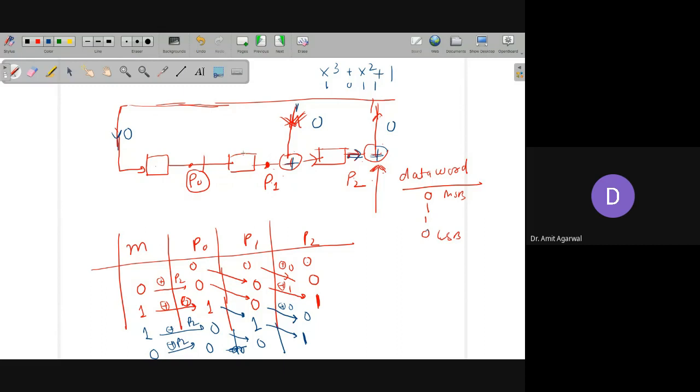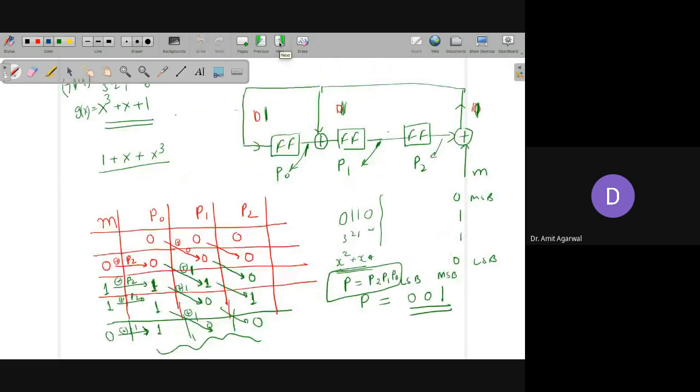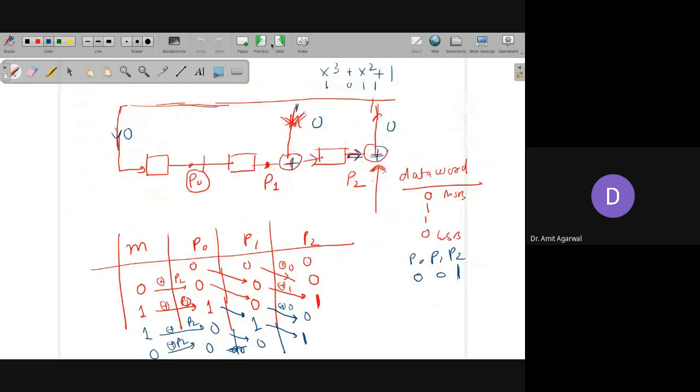So now you have seen that the parity, the P0, P1, P2 is 0, 0, 1. Okay. So these are your parity bits. And what was your data word? 0, 1, 1, 0. So initial k bits will be same.